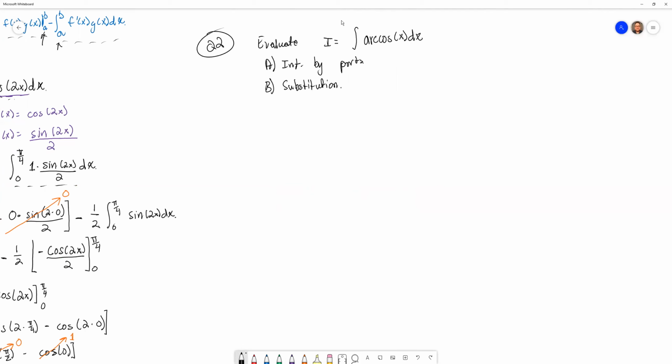You could be given this question and just be told, okay, solve it without giving these steps. But these steps are here: start with integration by parts, then do a substitution. That's how you're going to get to the final answer. So that's why it's giving us both of those there.